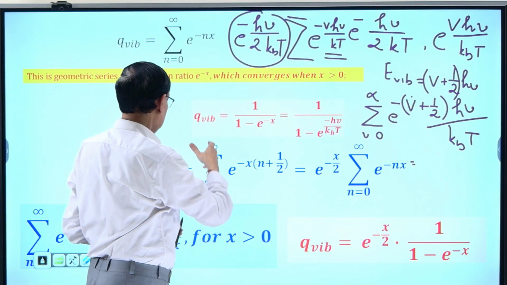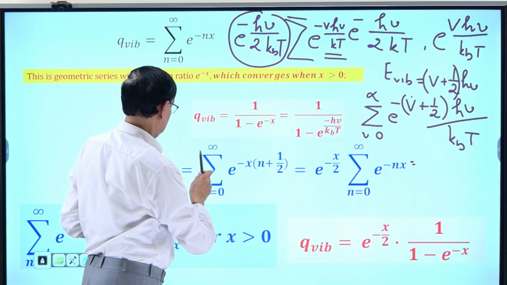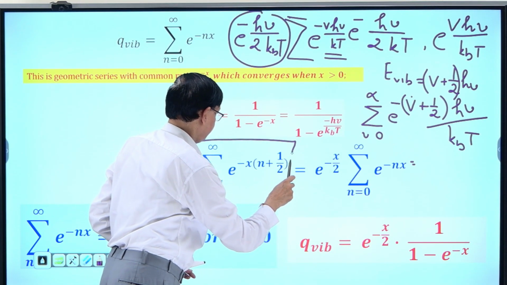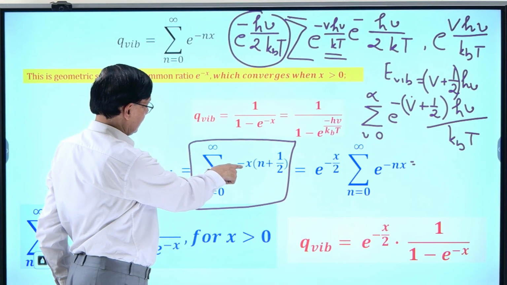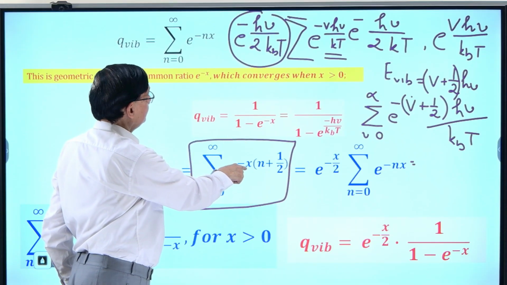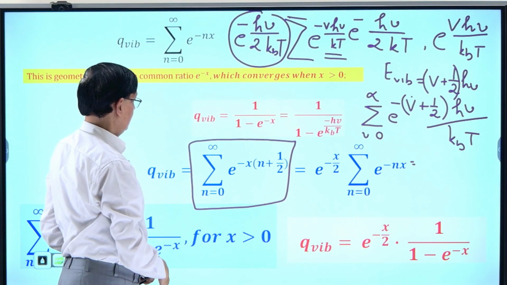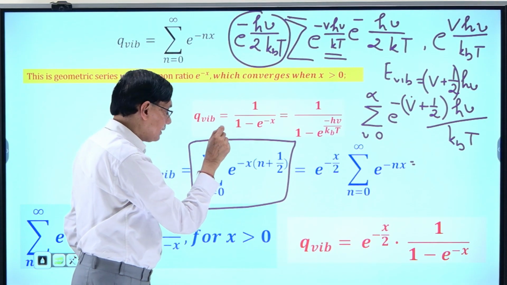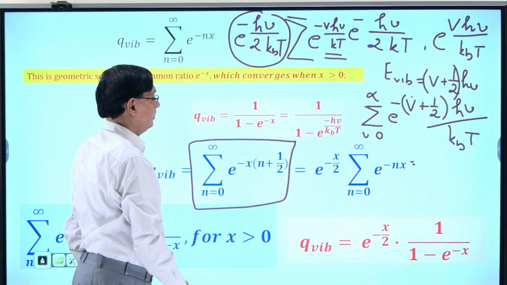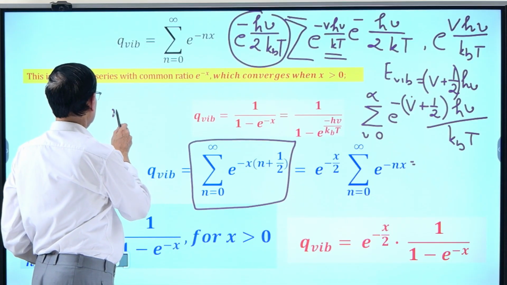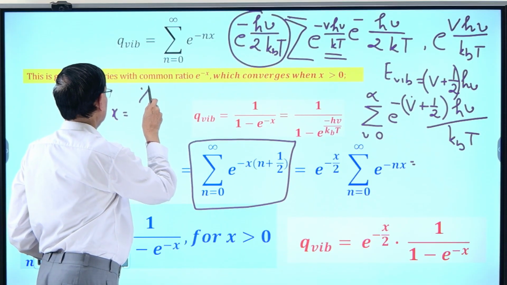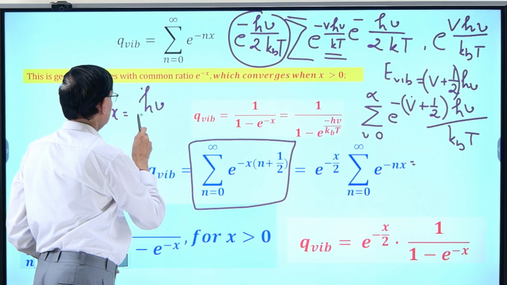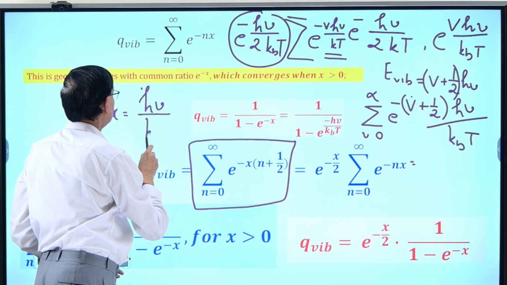Mathematically, you see this: the same thing I have written. Suppose x is this, and in place of v I have written n, where x is h nu divided by kBT.